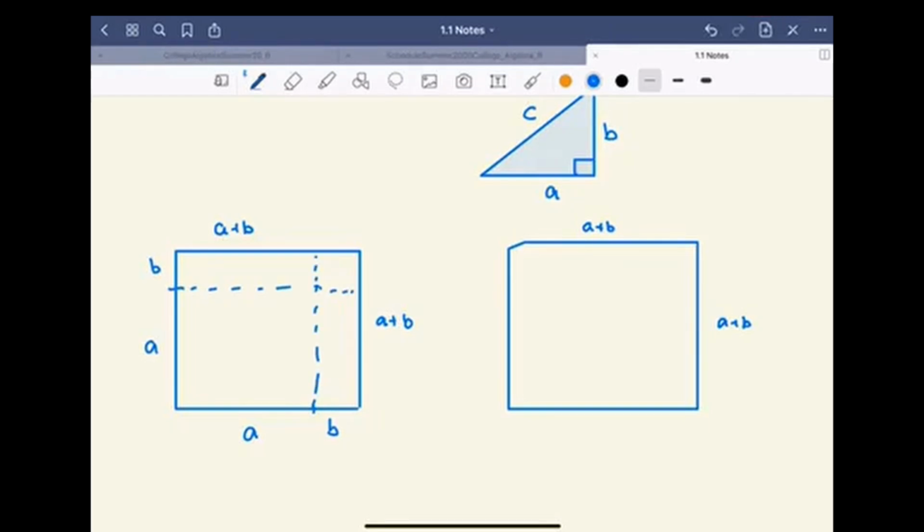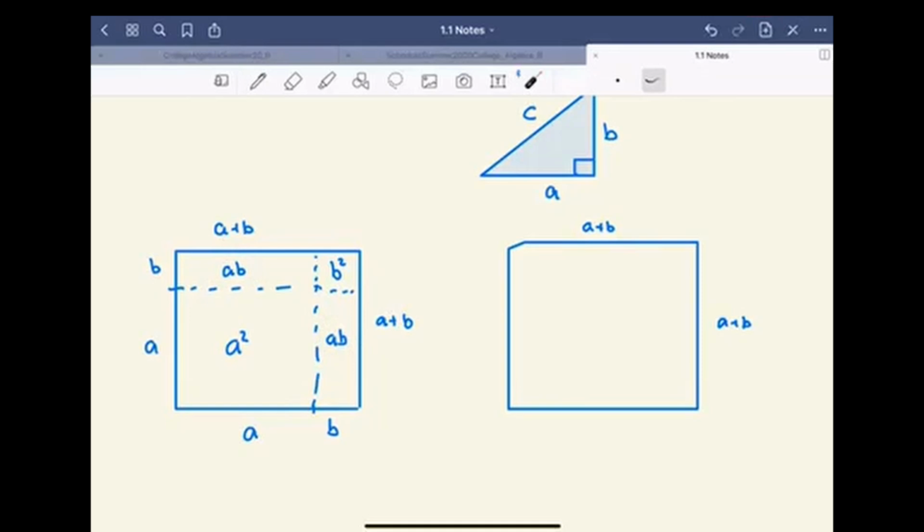All right, so we have A squared being the area of this square here, B squared being the area of this square here, and then these rectangles on the sides are going to have area AB each.